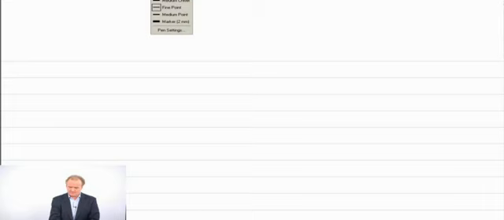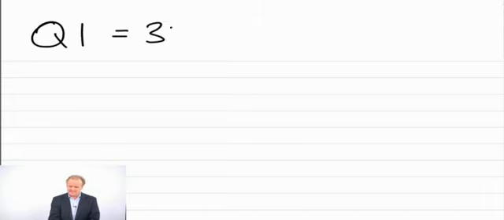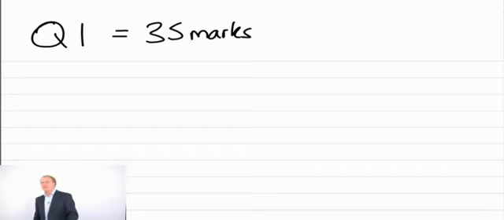Okay then. Question number 1 on the exam, which is where the risk will typically be found, is a 35 marker. Typically your examiner will divide it up like this.